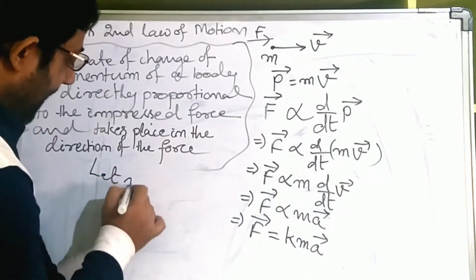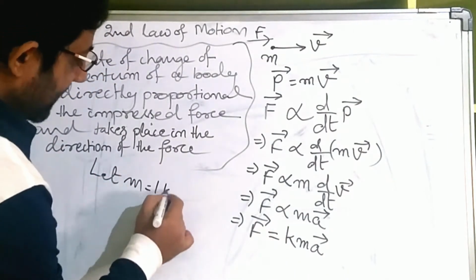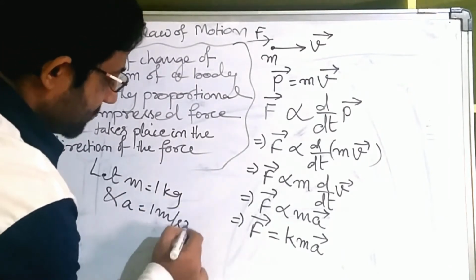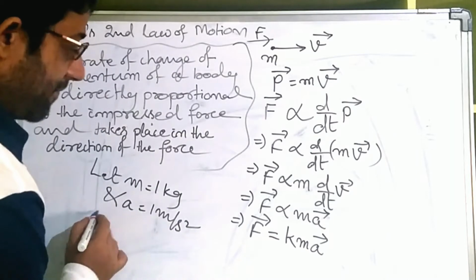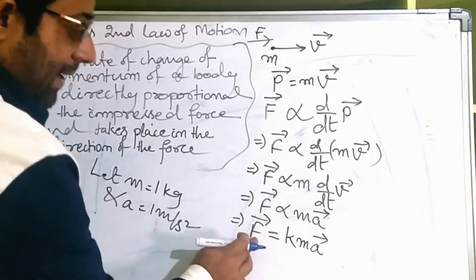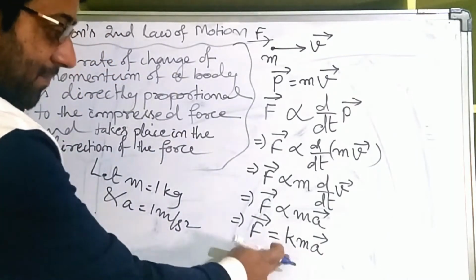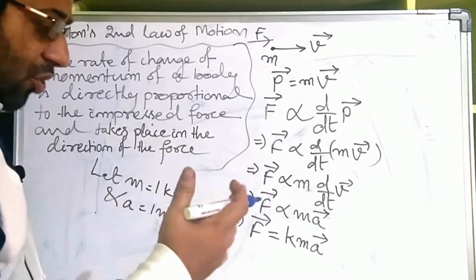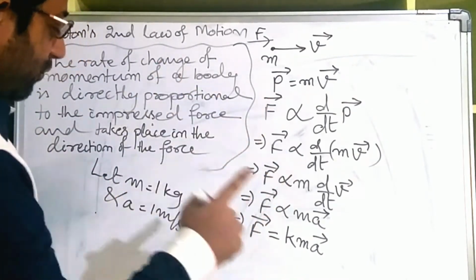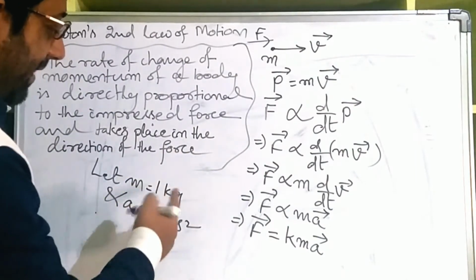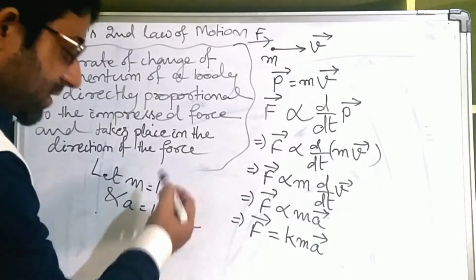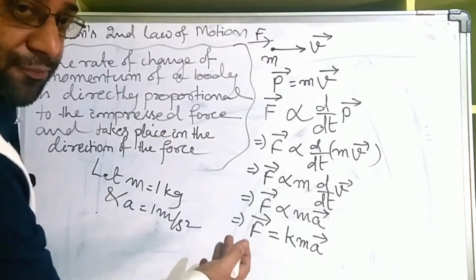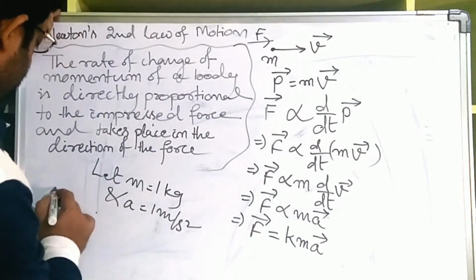Let m be equal to 1 kg and a equal to 1 meter per second square. Then F will be equal to 1 into 1, and F will be equal to k. Now we will call 1 unit of force the force required to move a 1 kg body with an acceleration of 1 meter per second square.